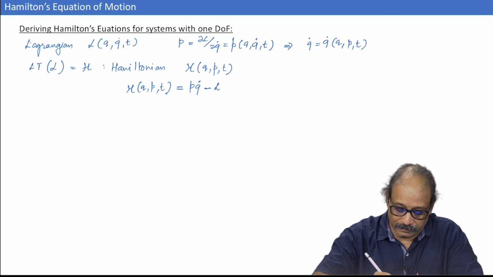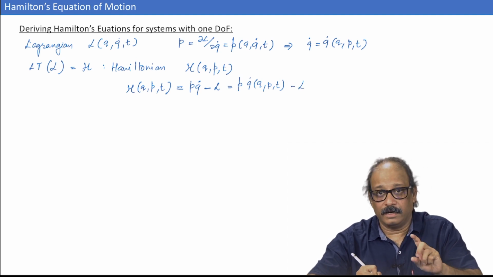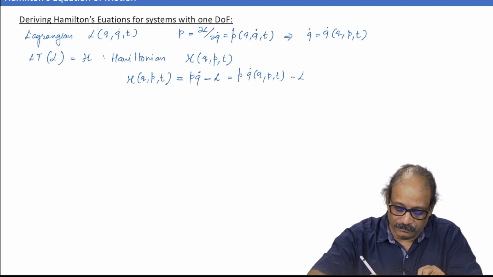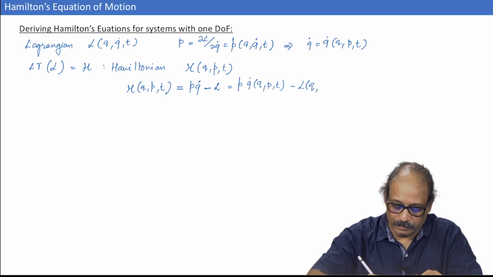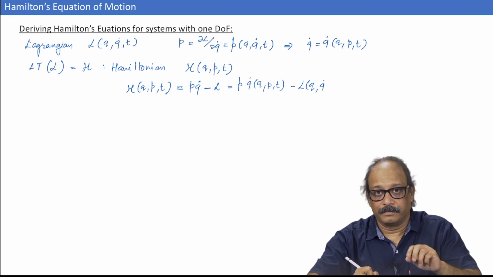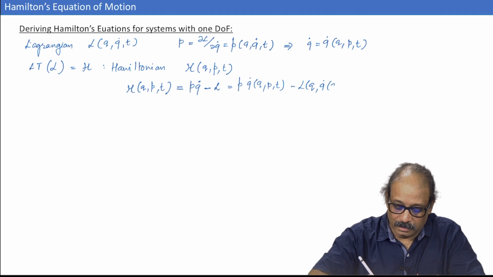Again, if I want to be careful, I will write it like this: p times q dot, remember, is a function of q, p and t, minus L. L in turn is a function of q, q dot and t, but q dot is a function of q, p and t. Okay.